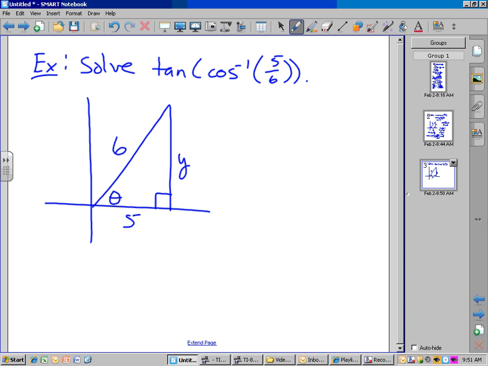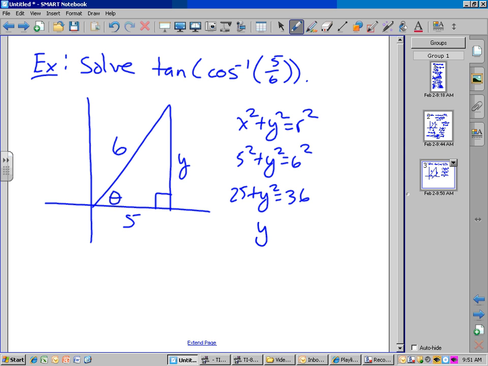I need to know what y is. I get the square root of 11.